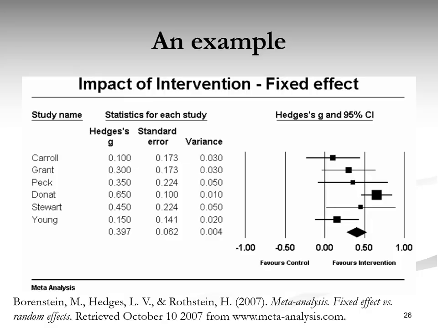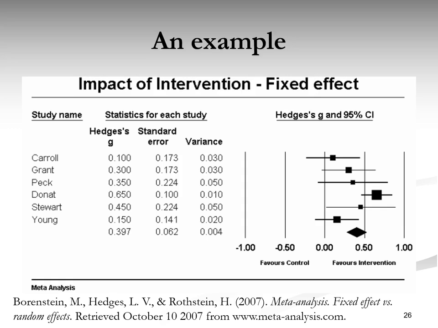An example. So here you can see the results of a small meta-analysis done by Borenstein, Hedges and Rothstein. So a meta-analysis of about 6 studies looking at the mean effect size. The mean effect size is equal to 0.397.